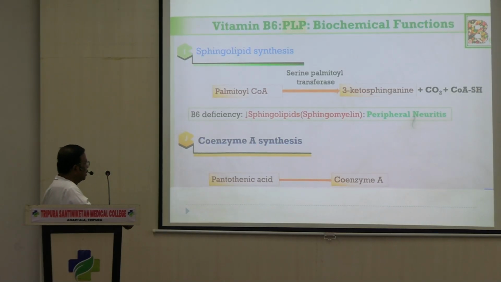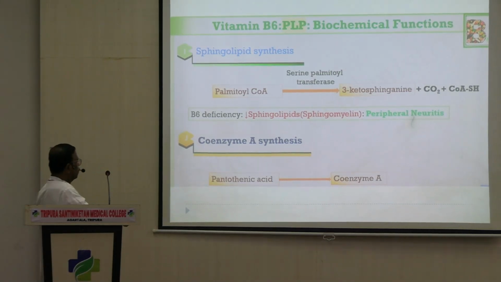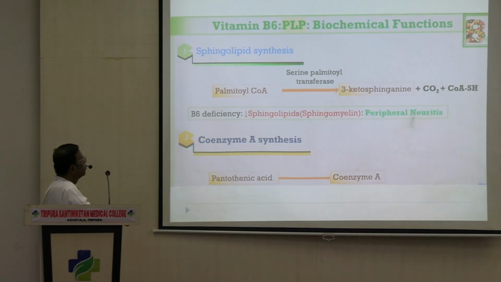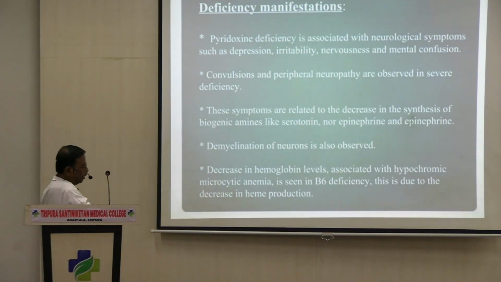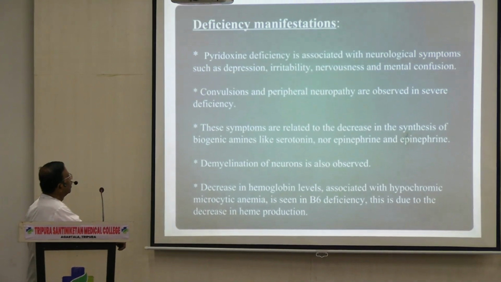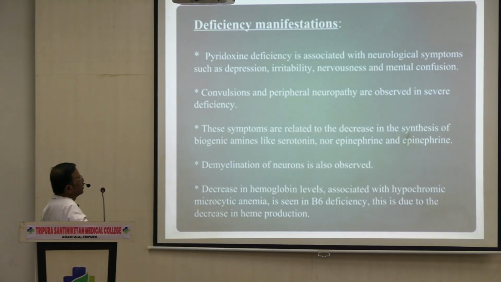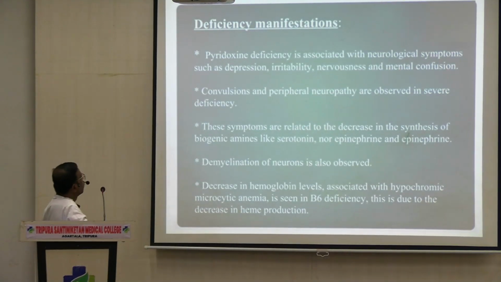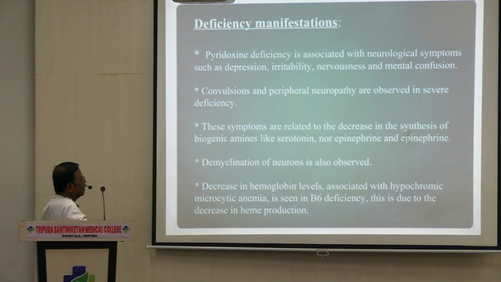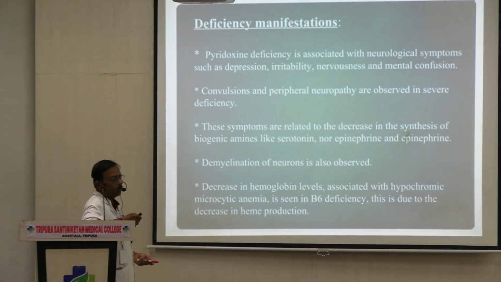Coenzyme A synthesis also requires PLP, pyridoxal phosphate. Now, deficiency manifestation: pyridoxine deficiency is associated with neurological symptoms like depression, irritability, nervousness, mental confusion.